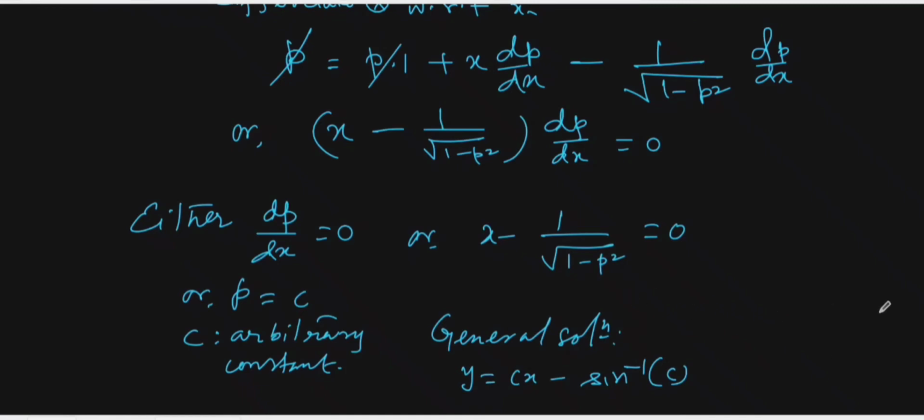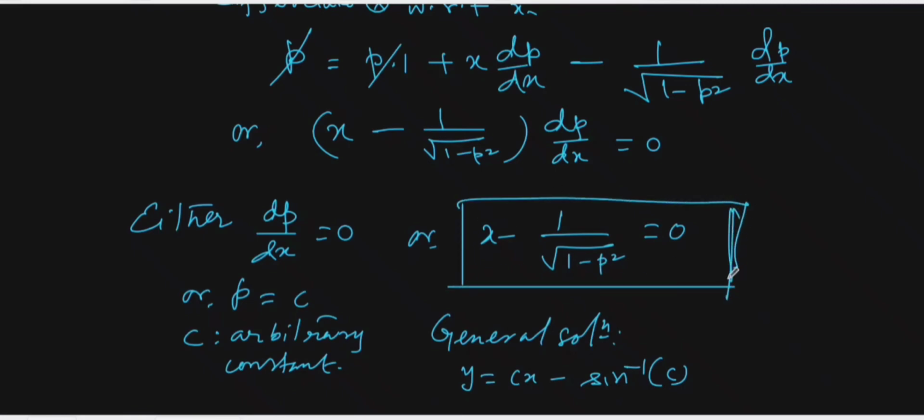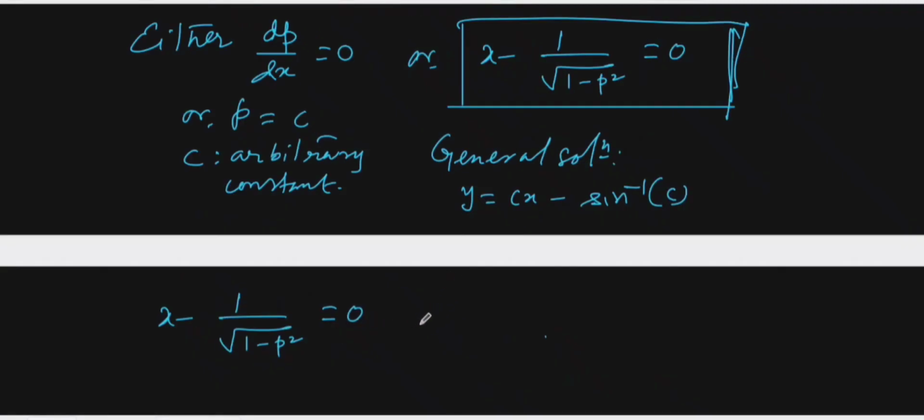And the second question is we need to find the singular solution. That will come from this rectangular box. So let's copy this into the next page so that we can solve it. From the other factor we'll get x equals 1 upon root over 1 minus p square.